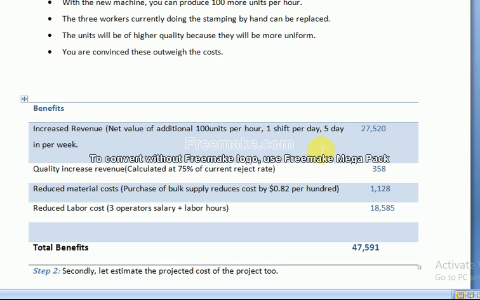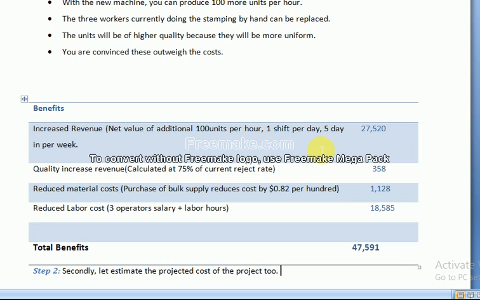Okay. Reduce the material cost. This is also a benefit. By installing our new machinery, our production will be increased, and when our production increases, automatically we will purchase the raw material in lump sum quantity, in huge quantity, and when we purchase the raw material in lump sum quantity, we will receive a discount from the supplier.